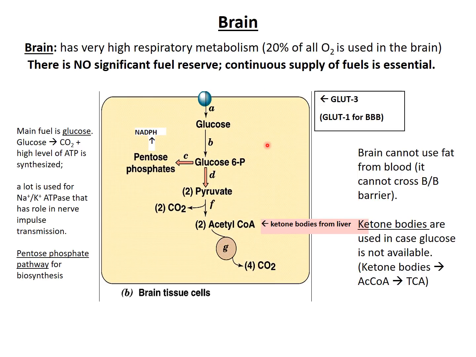We talked about it that every cell can store away a tiny little bit of glycogen, but it is not significant, not substantial in case of the neuronal cells. So continuous supply of energy is needed, and the preferred supply is glucose. There is a GLUT3 transporter on the neuronal cells and a GLUT1 transporter on the blood-brain barrier.